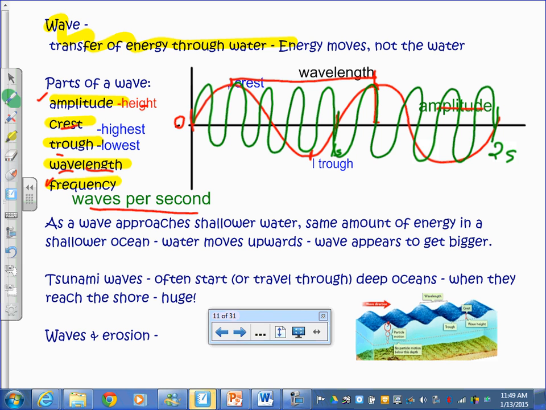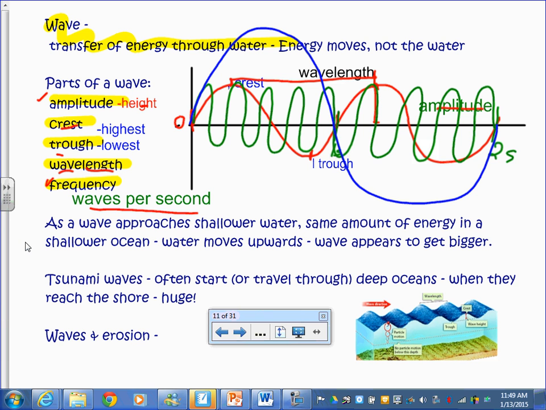So a louder wave would be taller, but if it was the same pitch, it'd be the same frequency. And it's easy to think about that, because think about a really loud noise. You can actually feel it, right? A really loud noise actually physically vibrates things. Okay, so that's part of the waves.